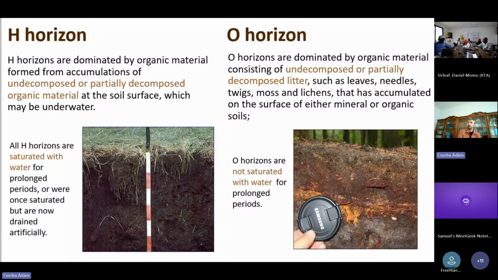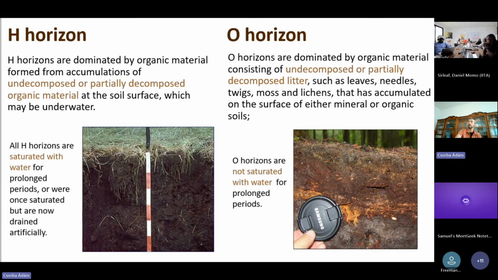Why do we see the undecomposed organic matter in these horizons? Because in forest environments, the chemical environment is not favorable for organic matter decomposition, the plant material is also not favorable for rapid decomposition, and many other factors contribute to the slow decomposition of organic material in these environments.